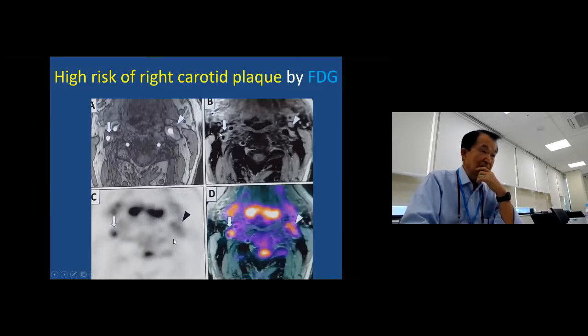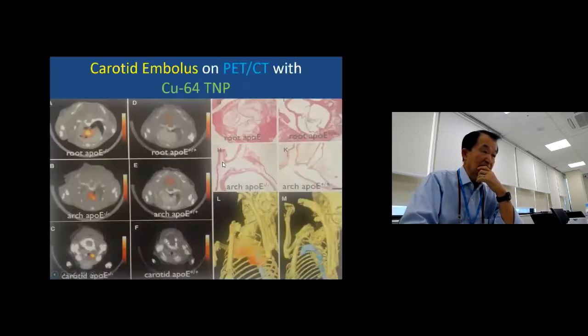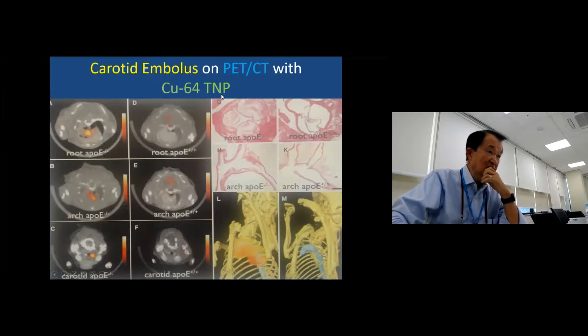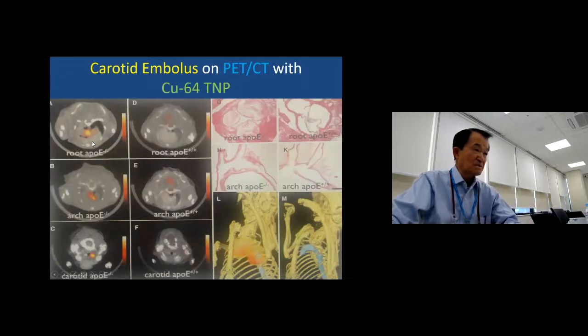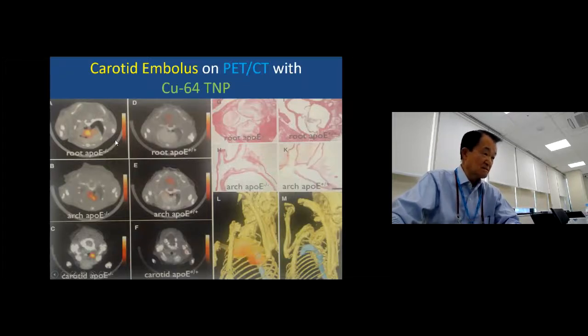And the wall is very thick here. And the kappa 64, this agent also showed ApoE positive sort of thrombus carotid in animal study.